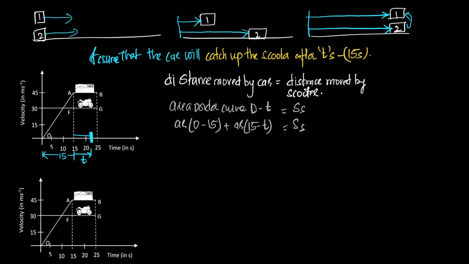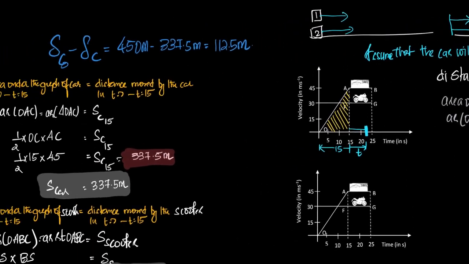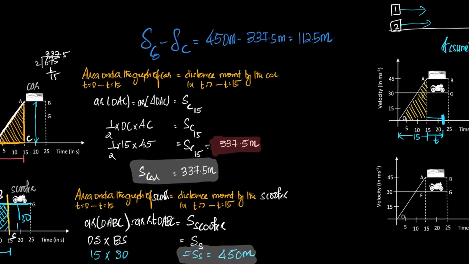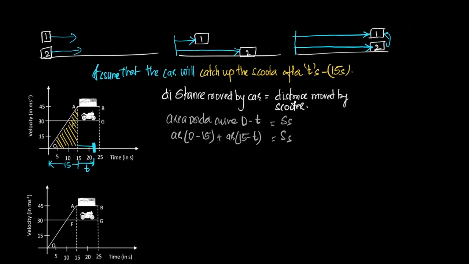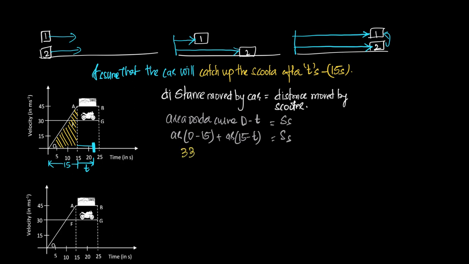Now, what is the area under the graph from 0 to 15? See, this is the area under the graph from 0 to 15. How much is that? We already calculated that. What was the value? 112. No, it was 337.5. So that distance is 337.5 meter plus the area under the graph from 15 to t. See, 15 to t means it is a rectangle. We are talking about this area, right?